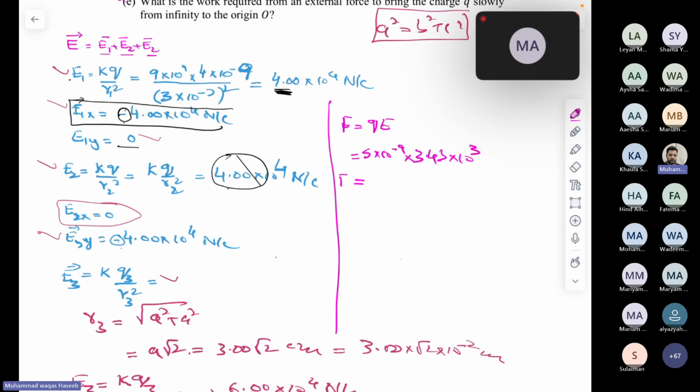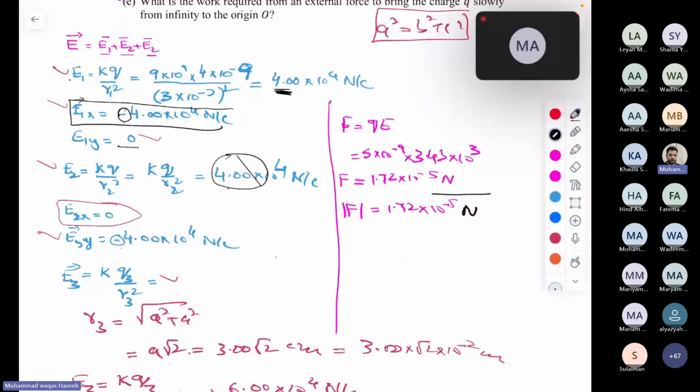Force is 1.72 × 10^-5 Newton, and this is the magnitude of the force.